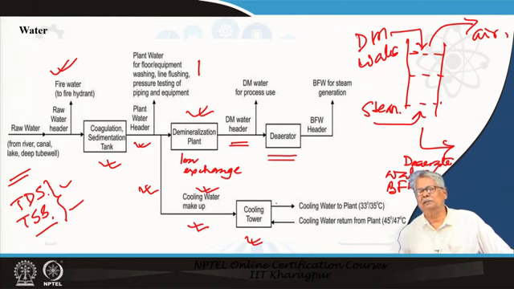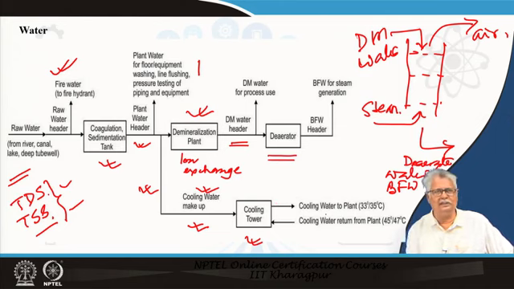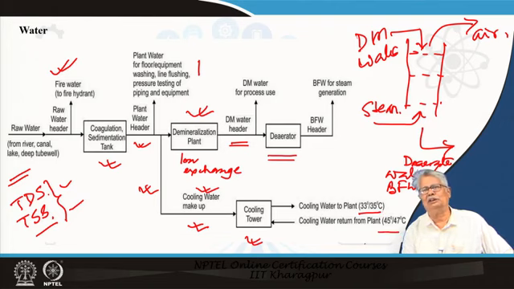The return pressure normally is lower by about 2 kg. That means the delta P between these two is usually around 2 kg. And in Indian conditions, the cooling water, we have said many times, is usually available at 33 or 35 degrees and is to be returned at a temperature not exceeding 45 to 47 degrees centigrade. Why is it so? We have talked about it earlier, definitely in your earlier classes.